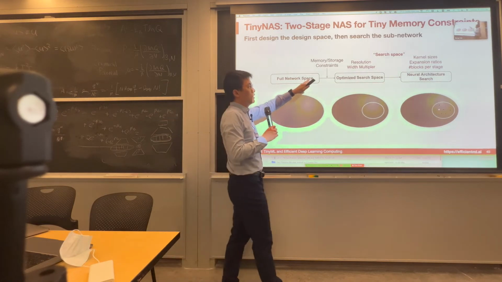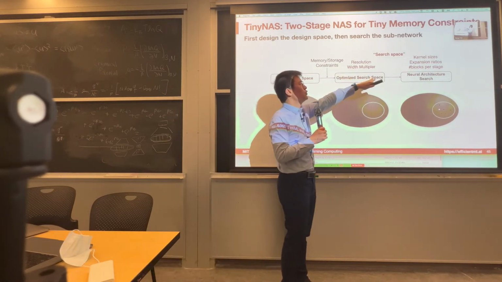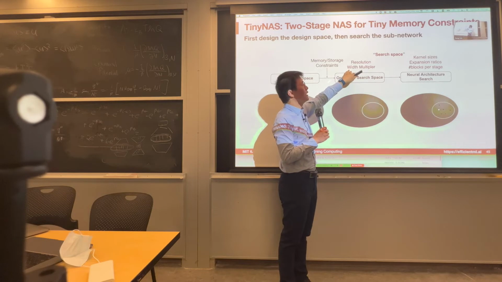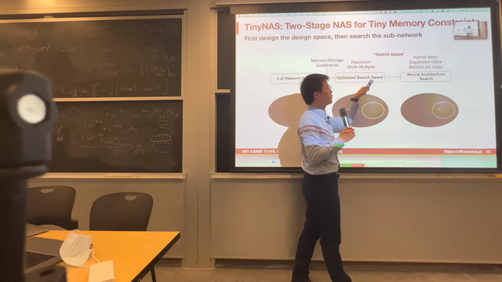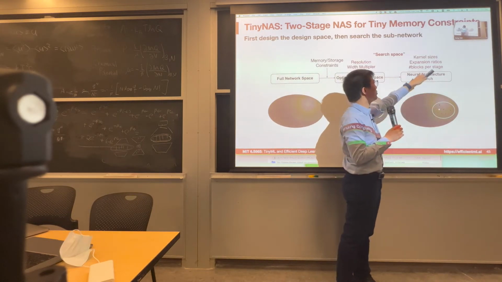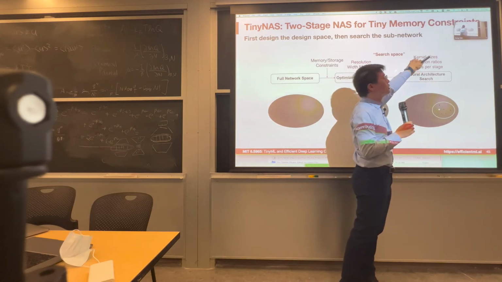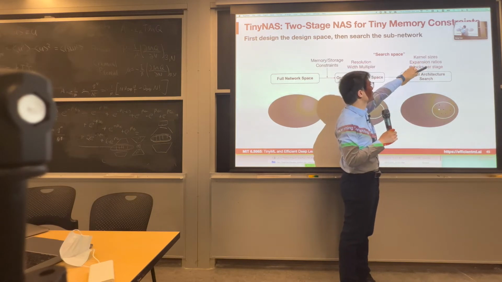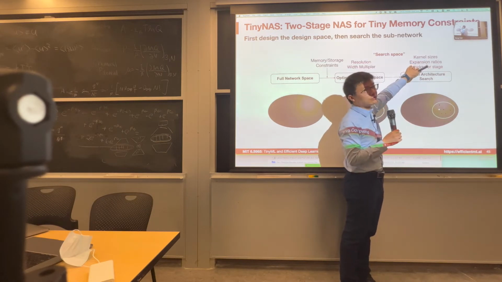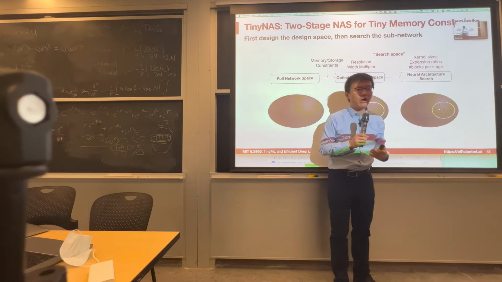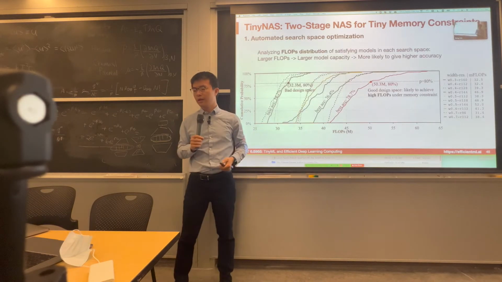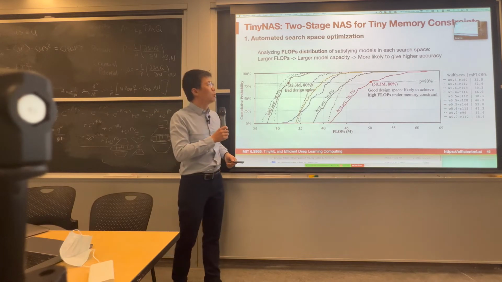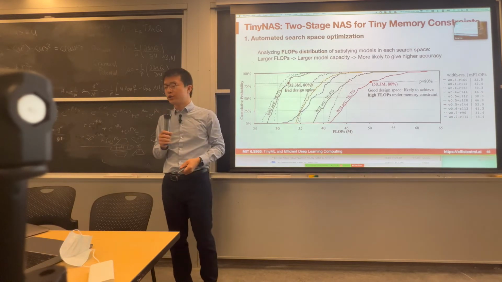And here are the design knobs that we want to tune, right? The resolution and width multiplier we mentioned define a search space. And within the search space, we want to further search the kernel size, 3, 5, 7, and the expansion ratio, and also the number of blocks, the depth per stage. So let's discuss how we design a good search space.